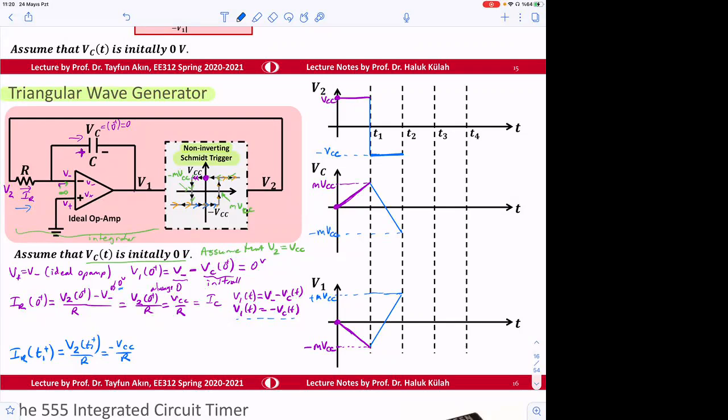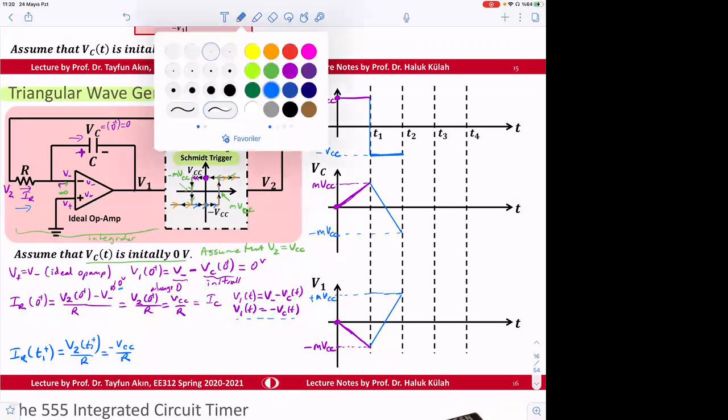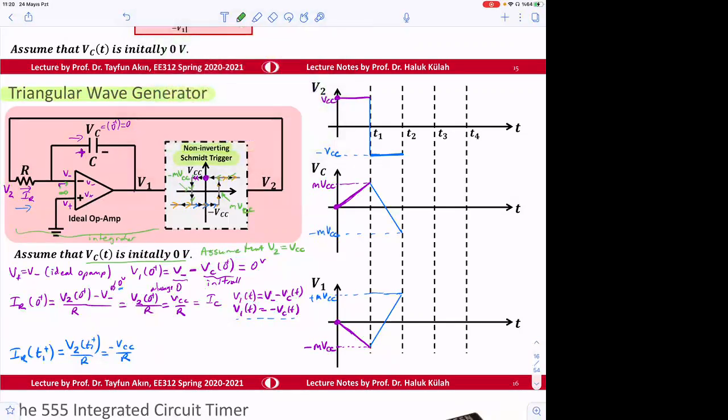And when this happens, things will change again. And then this will be going back to VCC. And then this will start charging. And then when this starts charging, this will start discharging.